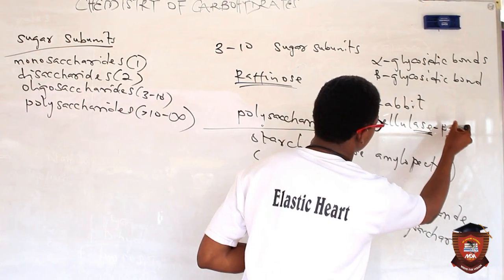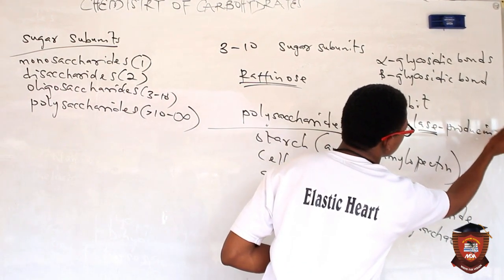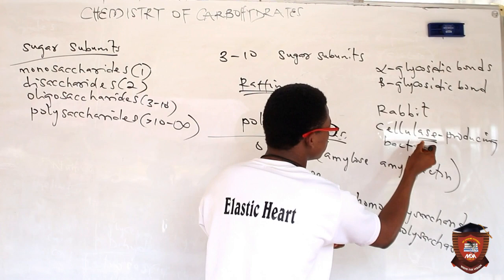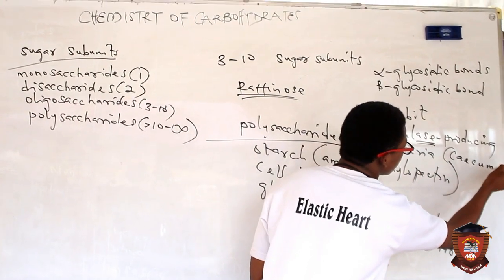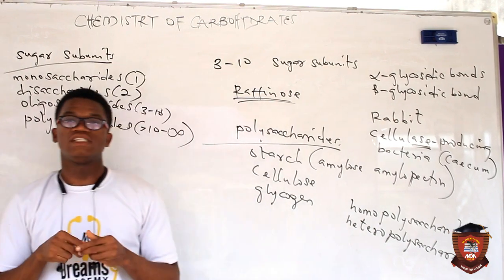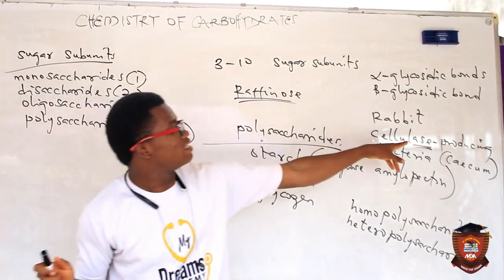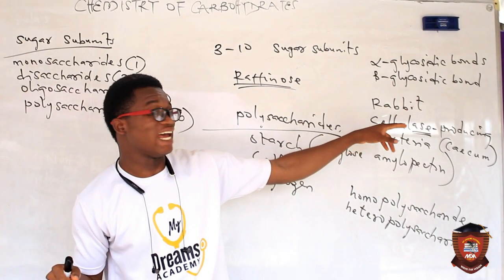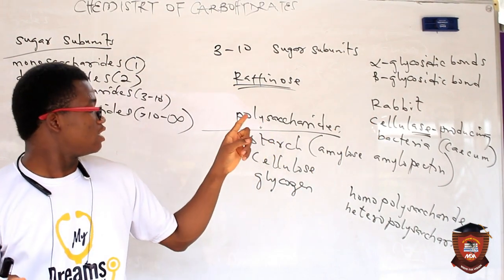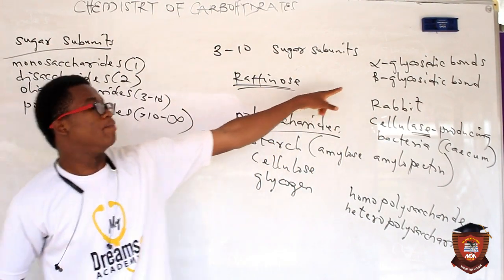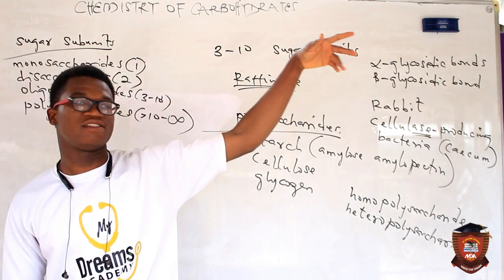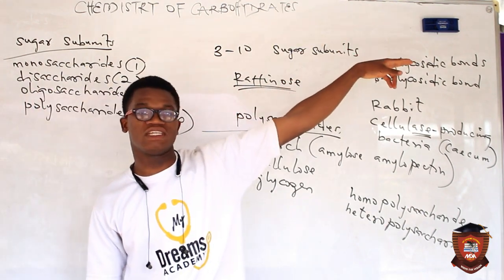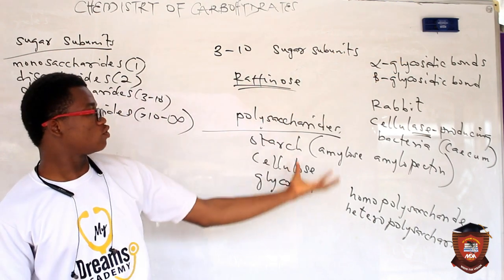So you have the cellulase producing bacteria found in the cecum of rabbits. So it is through these enzymes that they are able to digest cellulose. The reason is because cellulose has a beta glycosidic bond, and the human enzymes are only specialized to digest alpha glycosidic bonds. So these all are examples of polysaccharides.